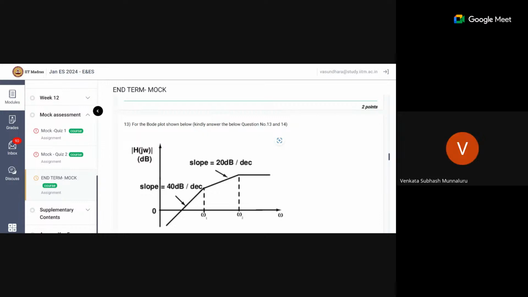Whatever you are saying, the corresponding value of y-axis when omega 1, we need to have at least that, or at least the point where it is intersecting with the x-axis or y-axis. Only the intercept can make a difference here, I think. Yeah, I think the y-axis value for omega 1 and omega 2 is required here, or at least the point at which the graph crosses 0 dB, maybe.